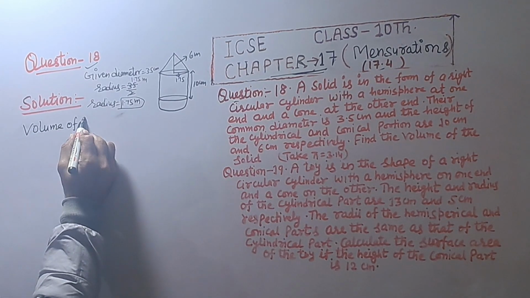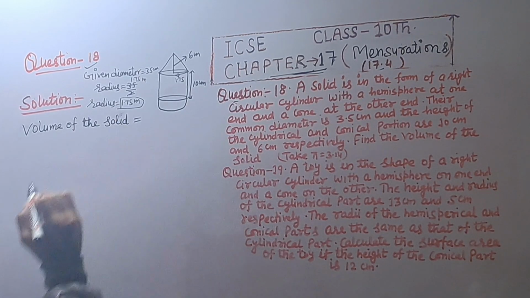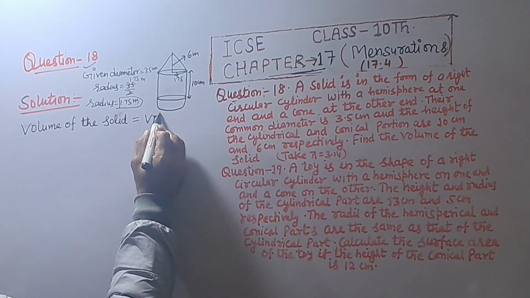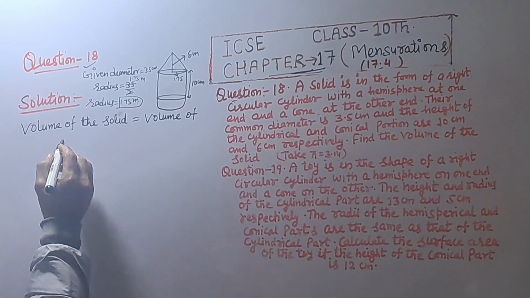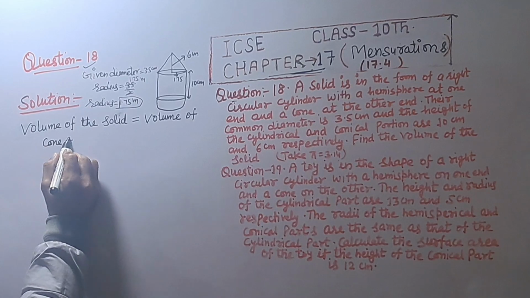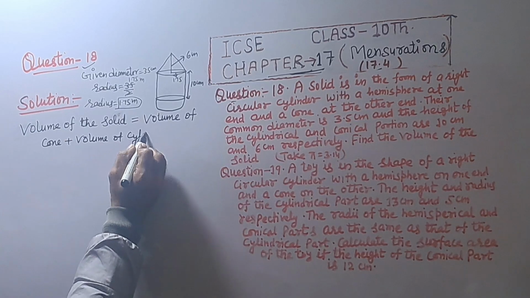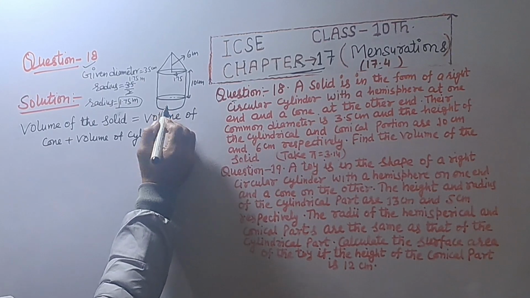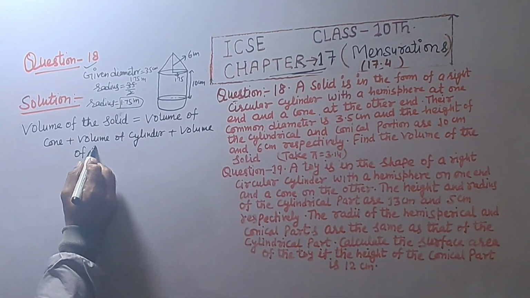Volume of the solid is equal to volume of cone plus volume of cylinder plus volume of hemisphere.